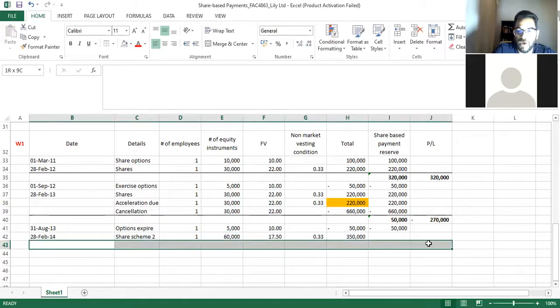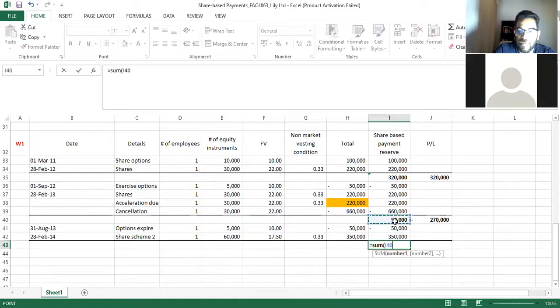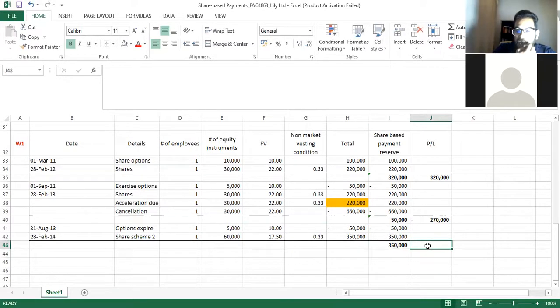Now we can work out, so we say opening balance plus all the movements, give me my closing balance. My profit or loss is closing balance minus opening balance.